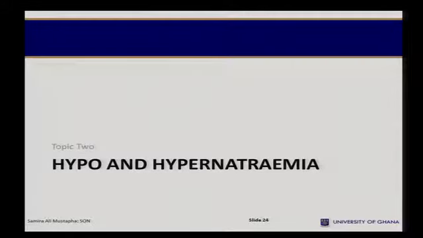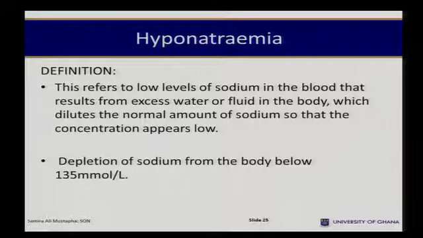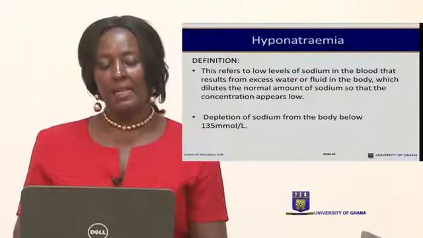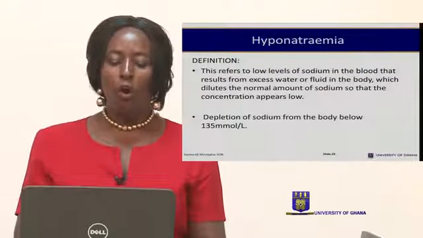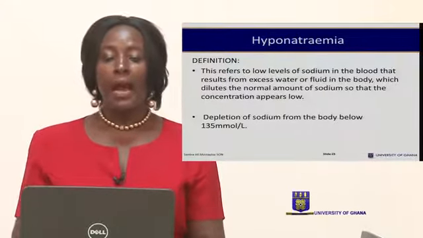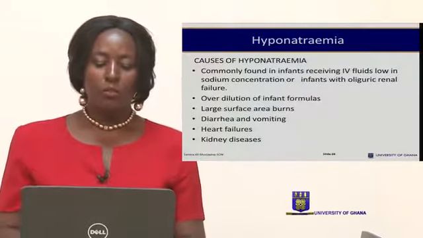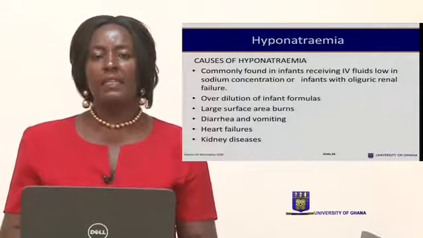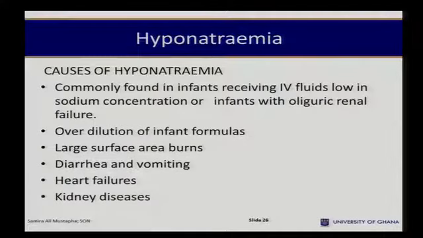So hypo and hypernatremia. By definition, when there is a depletion in sodium from the body below 135 millimole per liter, then it is diagnostic of hyponatremia. So what are some causes? It's commonly found in infants who are receiving intravenous fluid.